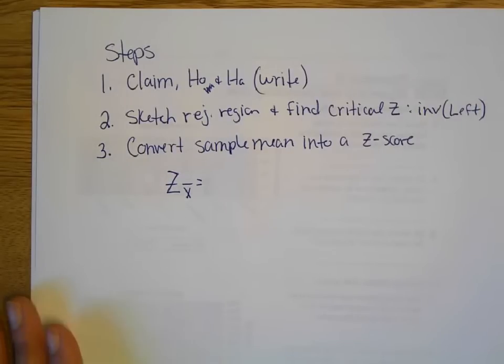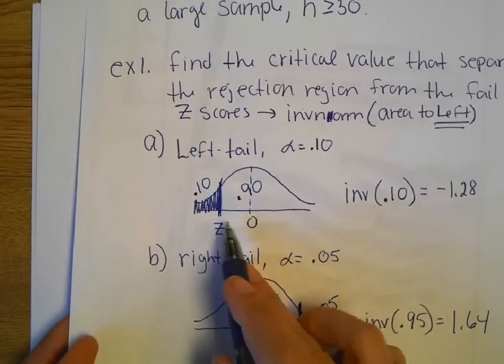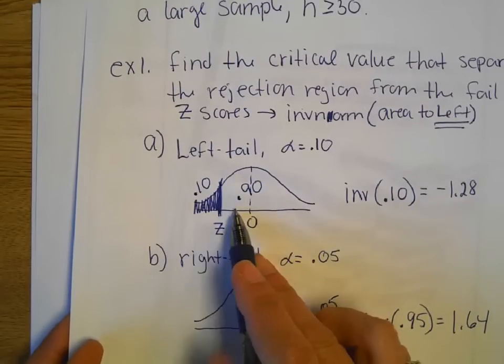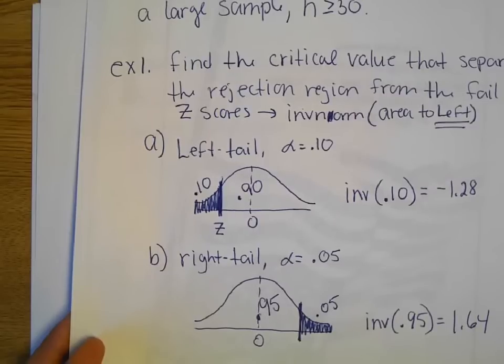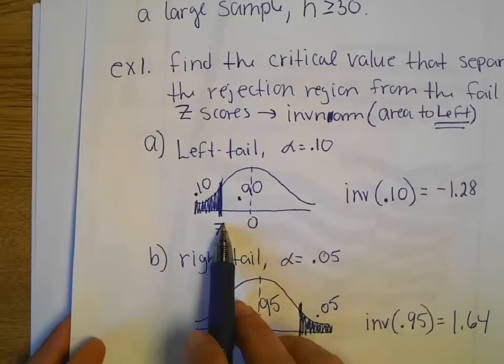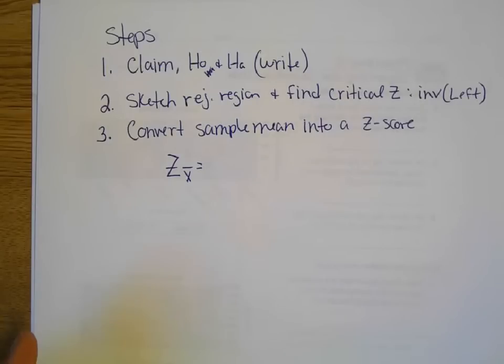Critical Z is the one we just got done doing. This one's critical because it's separating reject from fail to reject, making it a critical Z. But we call this one the critical one. This one's going to be the sample mean. Same, turning them into z-scores, but not the same z-score.